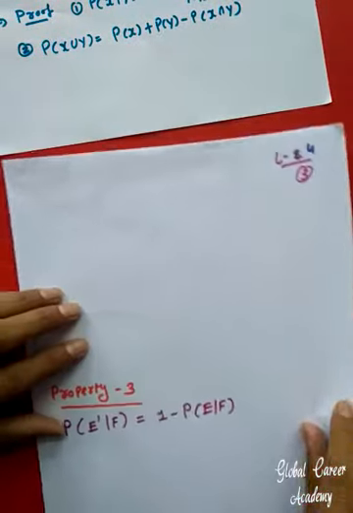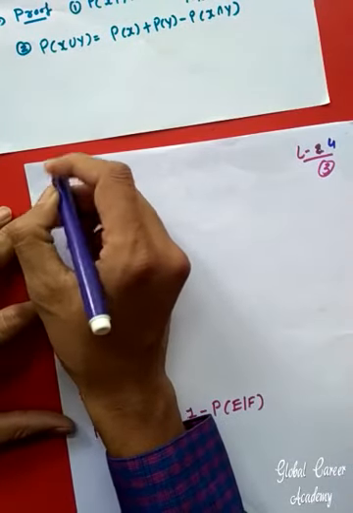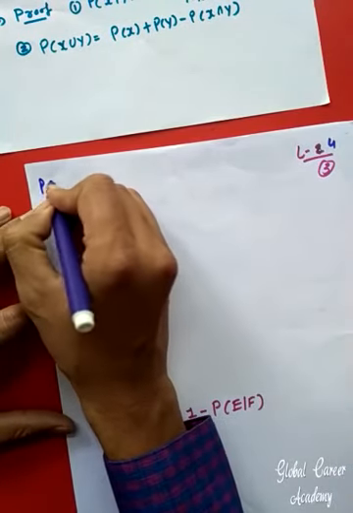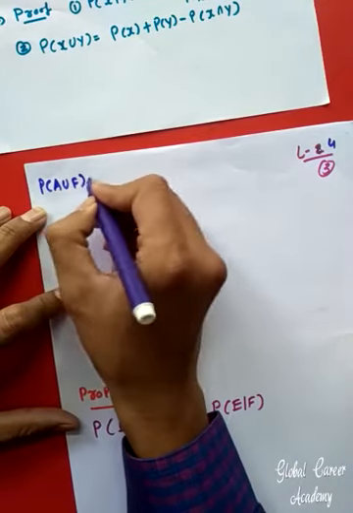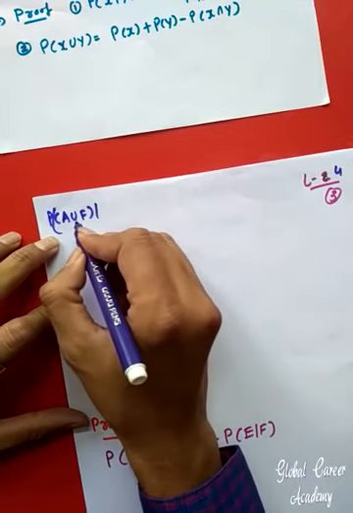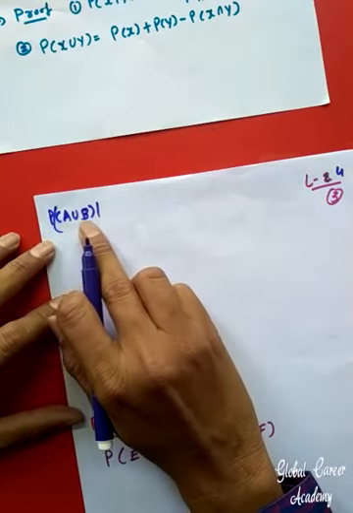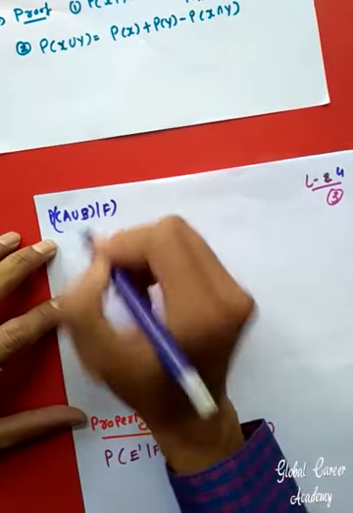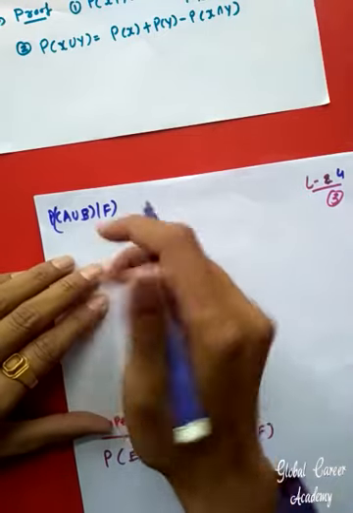I'm just writing it over here. So P of A union B given F, right? This is my equation. Okay, so what do I have to write for this?